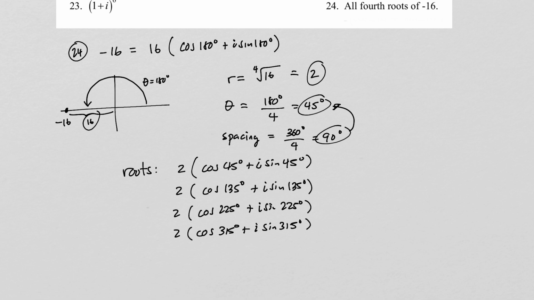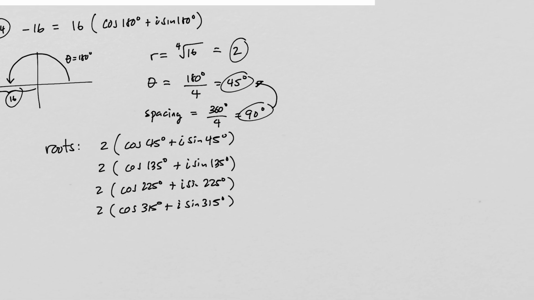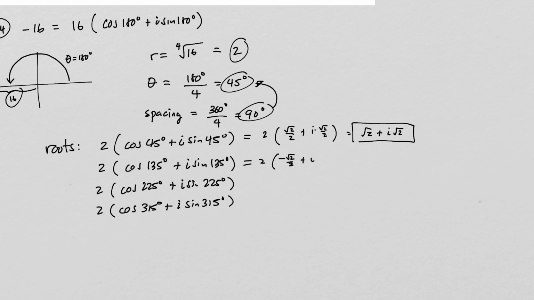So those are all the roots in trigonometric form, but we're going to answer in standard form. So to finish this, we need to remember that cosine of 45 is radical 2 over 2. Sine of 45 is also radical 2 over 2. And if we distribute here, we end up getting radical 2 plus i radical 2. And we do the same thing for all of these. So cosine of 135, sine of 135, so we end up with this.